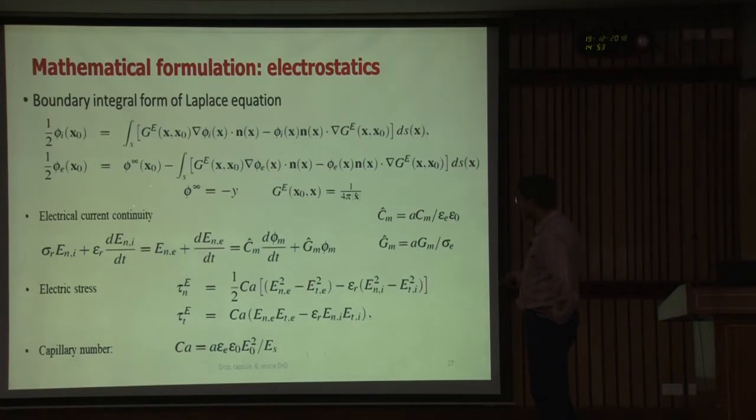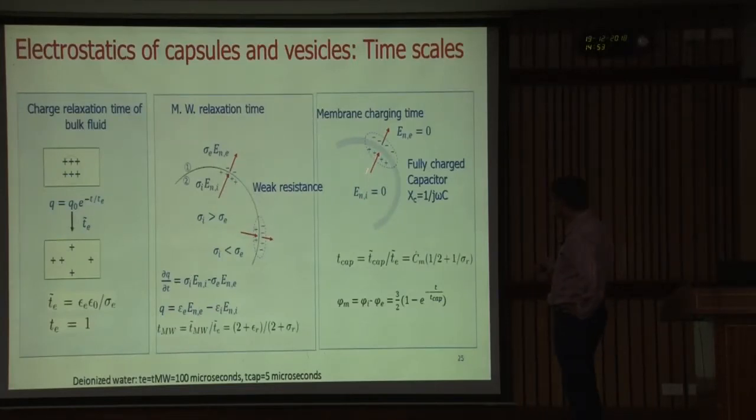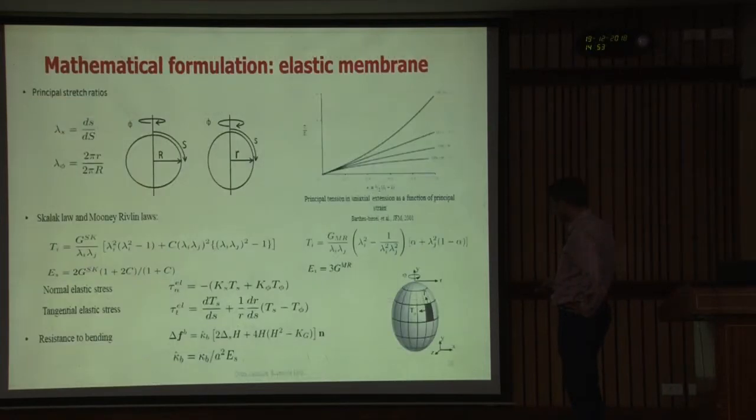The boundary conditions you use here are the electric continuity equation. So let me just go here. What you essentially have is the ohmic conductivity as well as the displacement current. So the ohmic and displacement current of the internal fluid is the same as the ohmic and displacement current of the outer fluid, which is the same as the ohmic and displacement current of the membrane.